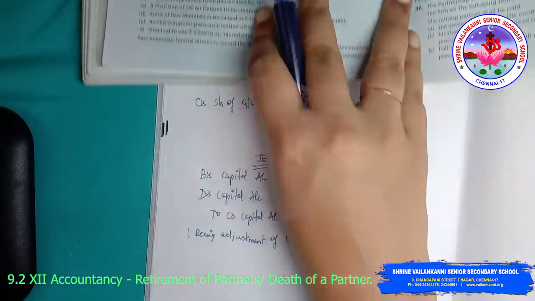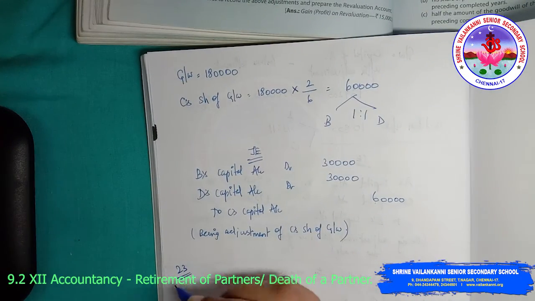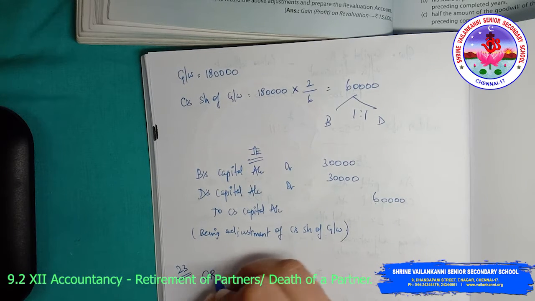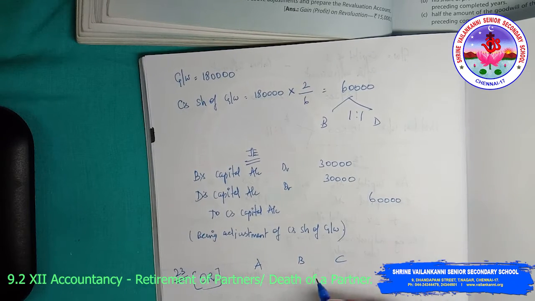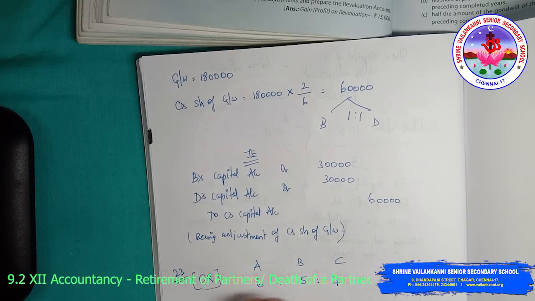So we'll start doing the problem 23. What is the old ratio? How many partners are there? A, B and C. Old ratio is 6:5:4. What is the new ratio? Who is getting retired?